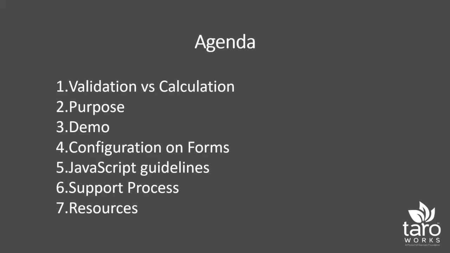Our agenda today is going to be similar. We're going to start off, since some people are not even sure what this feature really is, and thank you for being honest and clear about that, so we can make sure we're all on the same page. We're going to talk about the feature and the difference between the two types, why this feature is important, and how it's useful. I'm going to show you a demo of the mobile experience of a TaroWorks job that's been configured using dynamic operations calculations.